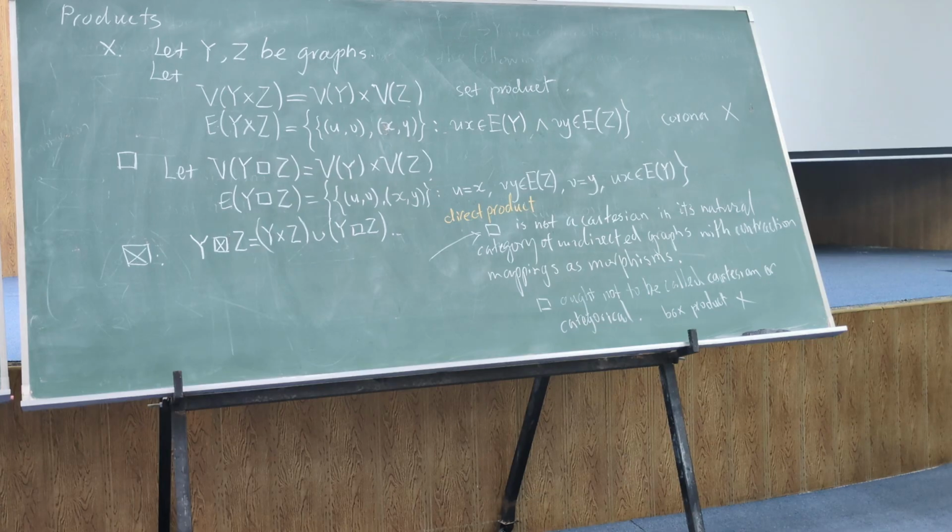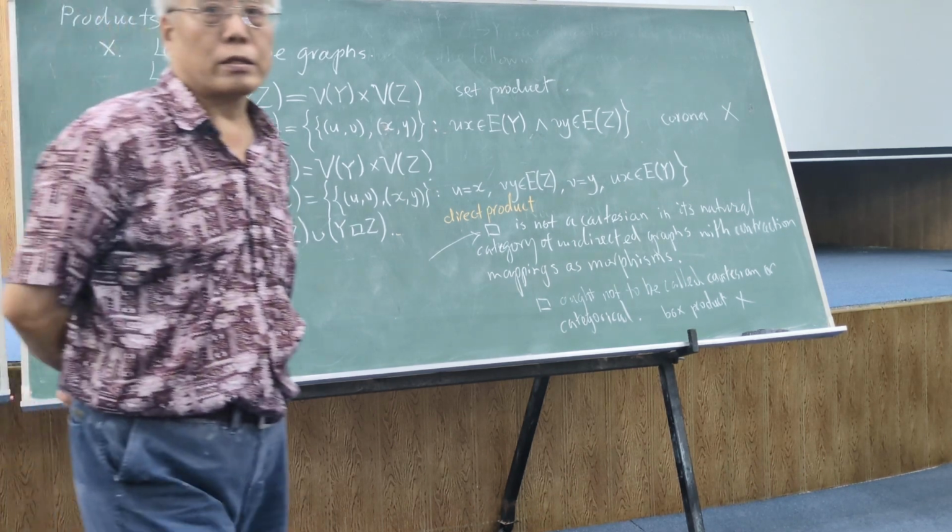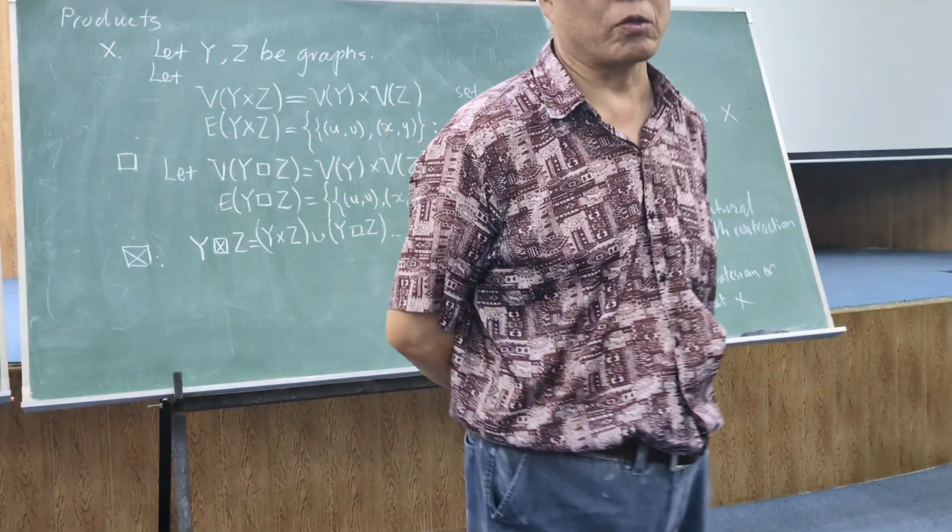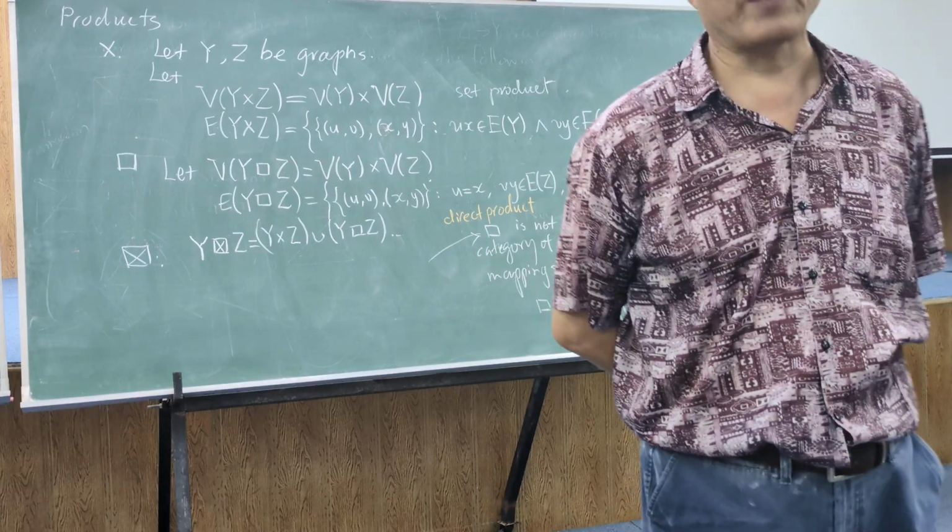Good. Your question triggers some thought. So, for example, we have products now. If you have products in any mathematical category, if you have an object already given, then there is a natural question, right? Can it be factorized?